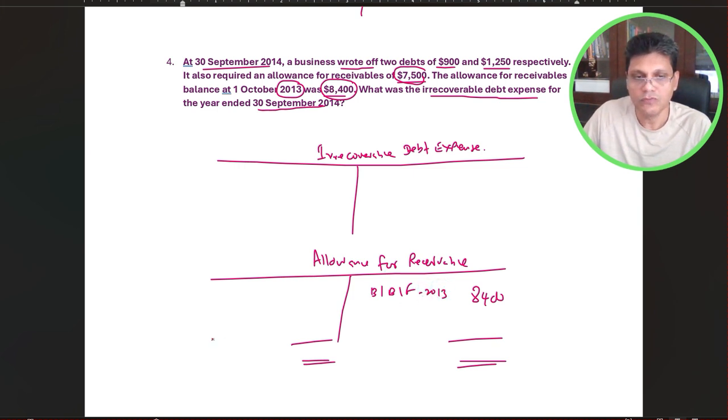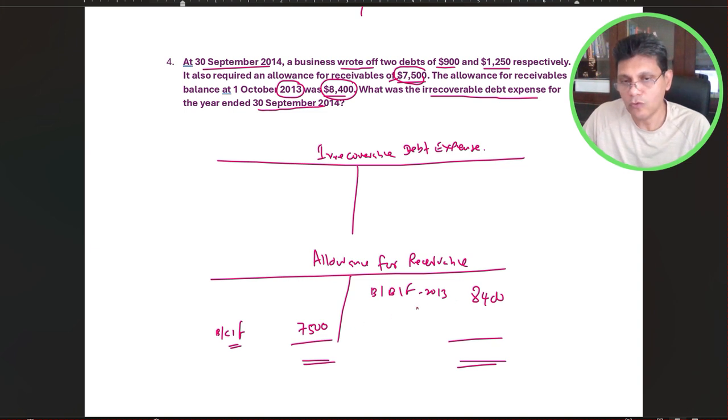So for 2014, they want a carried forward balance of 7,500 at the year end, and the opening balance was 8,400. Which means there was an over provision of how much? It was 8,400, and now you need an allowance for receivable of 7,500.